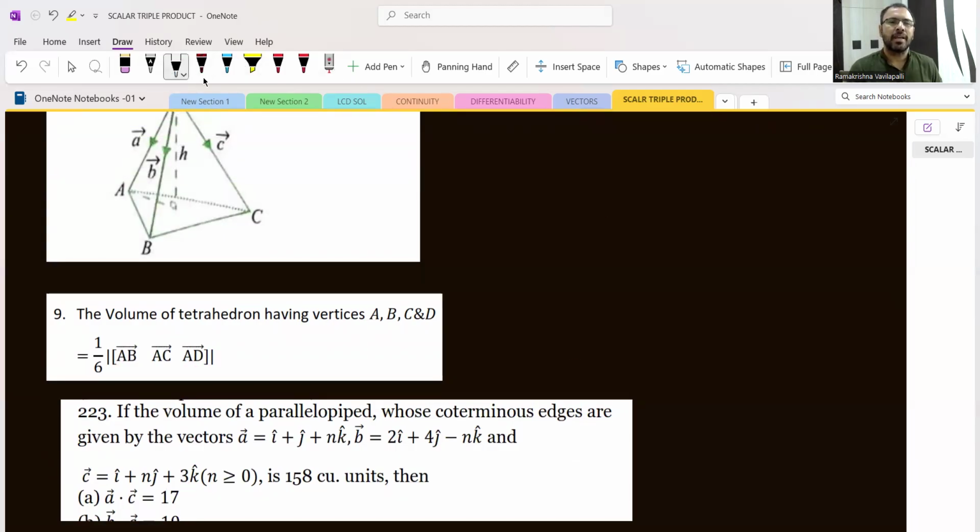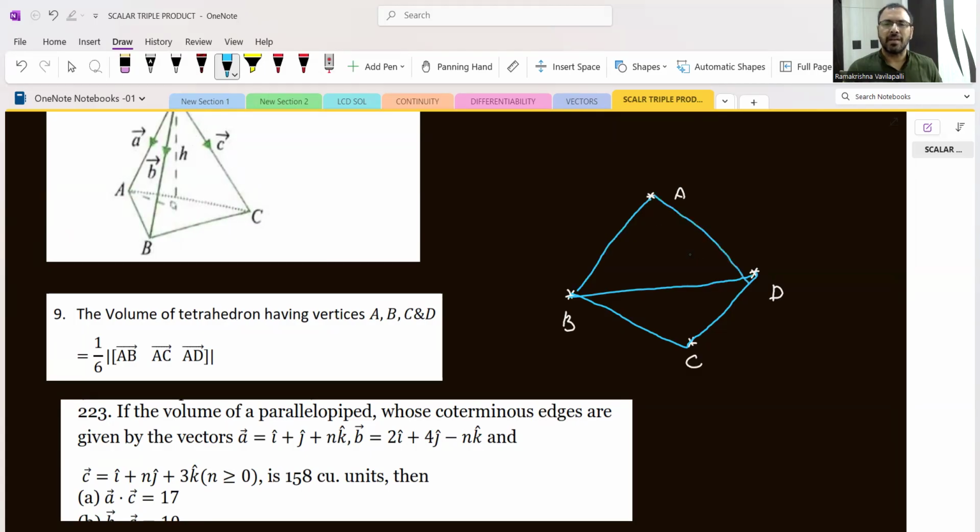Like this, you can say here this is A, this is B, this is C, and assume this is D. If you join them, then you will get a tetrahedron like this. This is one triangle and you join this to form the tetrahedron.